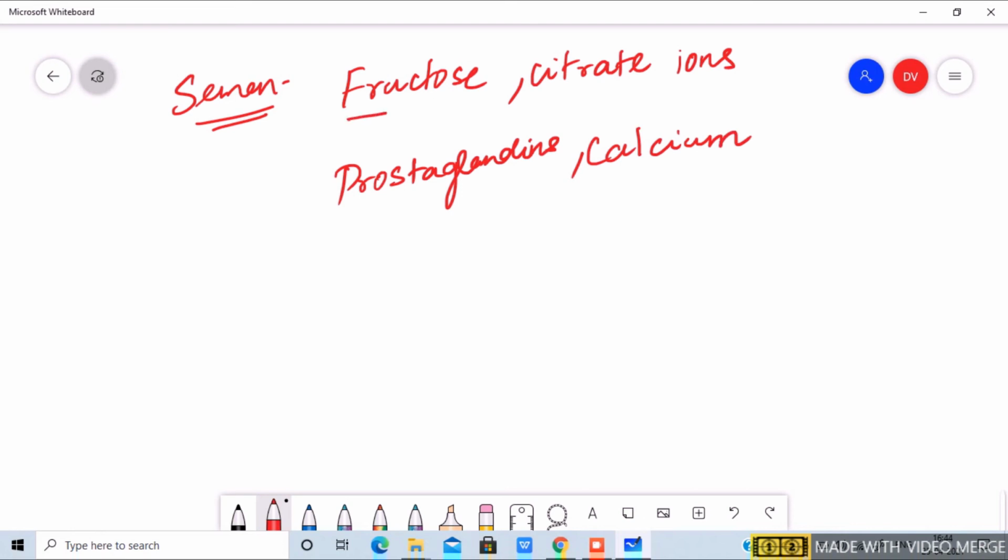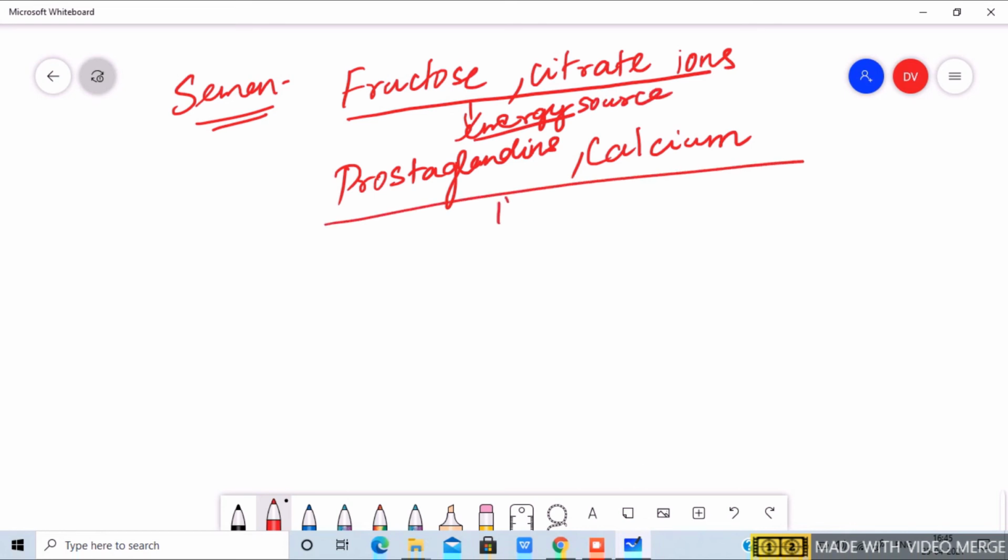So the fructose and the citrate ions help in providing energy to the sperm, right? Energy source. And what about the prostaglandins and calcium? They help in the contraction. The contraction will further help in the motility of the sperm. Alright guys, this you have to know.